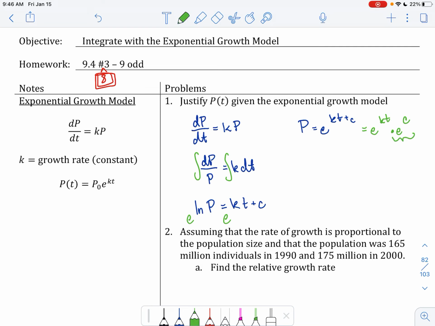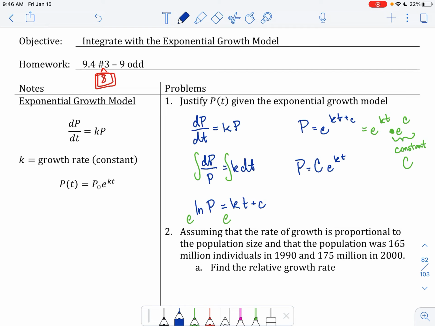Now e to the C is just a constant, since C is a constant, and so you'll see it written as just another multiplier, like a coefficient. So what you'll often see on tests is C e to the kt, and these are the same.